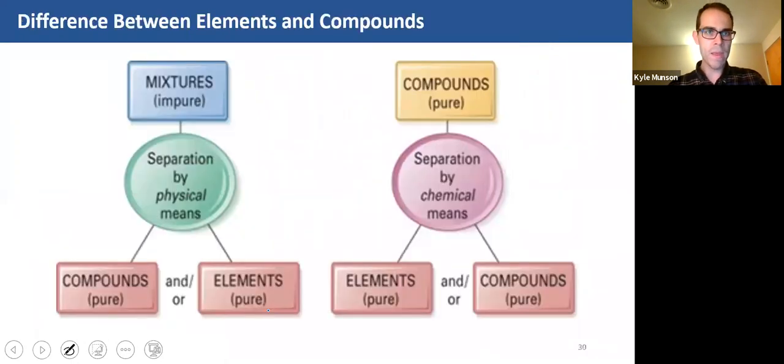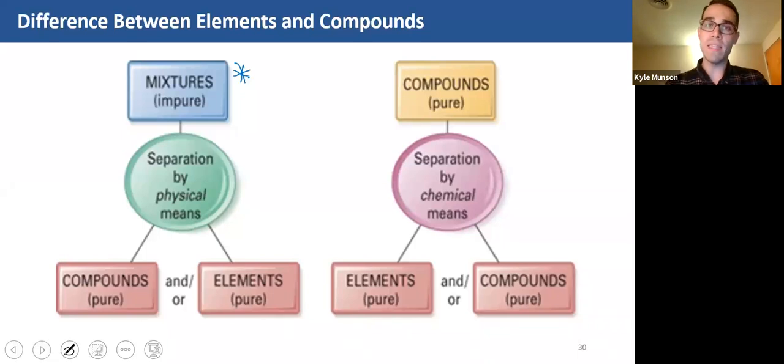Okay, so this is just a chart that is there to help you, and you can use it for reference. Be sure to catch this distinction shown here. On the left, this shows how you would separate an impure mixture, which is what we talked about at the end of the last video. And remember, we separate mixtures by physical means.